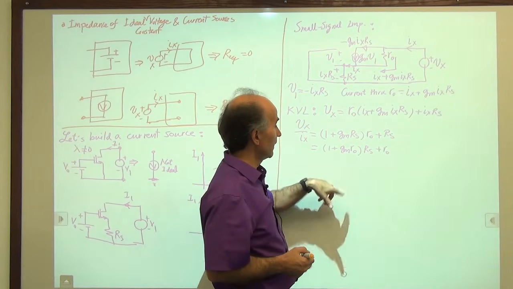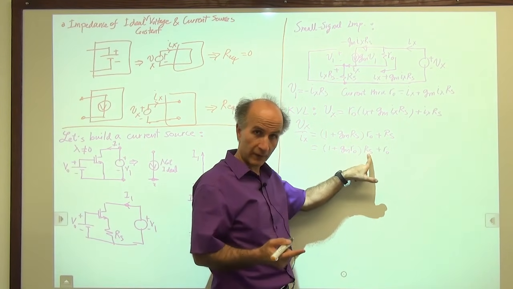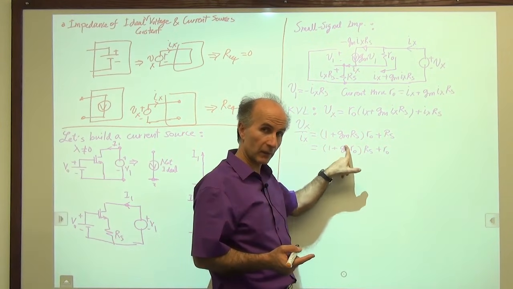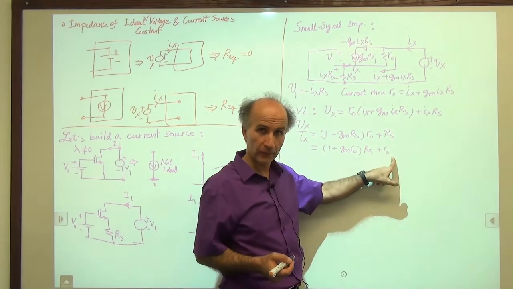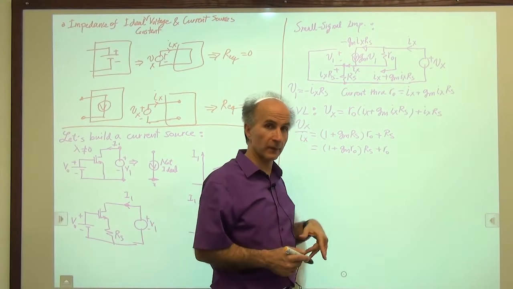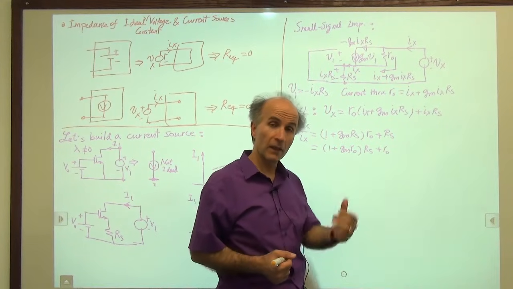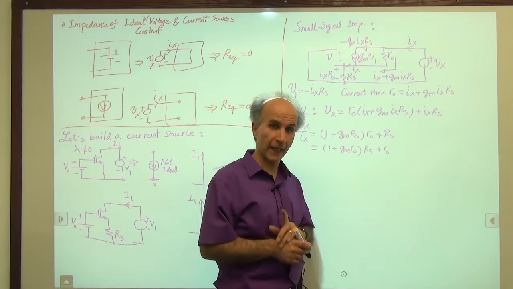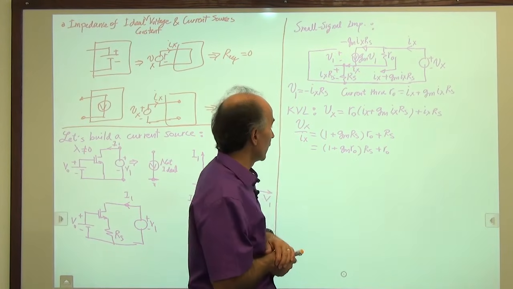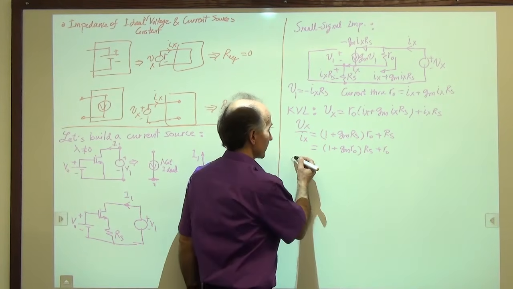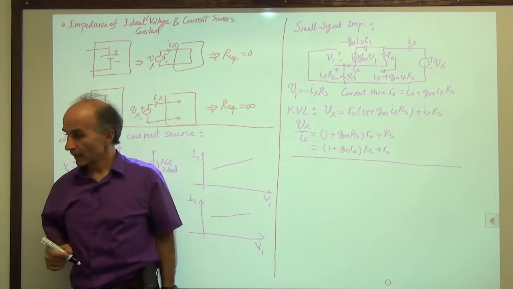Or we can say we have multiplied the RS in the source network by 1 plus the intrinsic gain of the device, and then we added RO. So whichever you like, it shows that the output impedance of this new circuit is higher than that of the old circuit as a result of degeneration. Okay, so that's what we get for the degenerated current source.